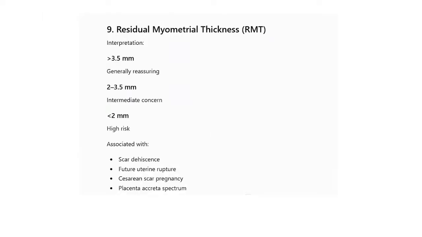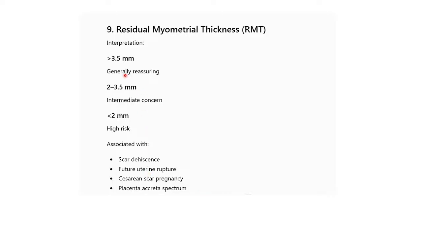So residual myometrial thickness, RMT, interpretation. Sorry, let me come again from the residual myometrial thickness measurement. This one, that's the one that I said is very, very critical. The interpretation is as follows.